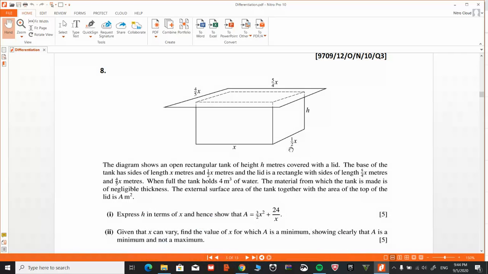So let's see what we have. We have half x into h, so that's half xh দুই বার, so that's xh.